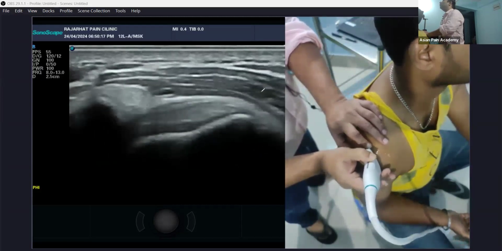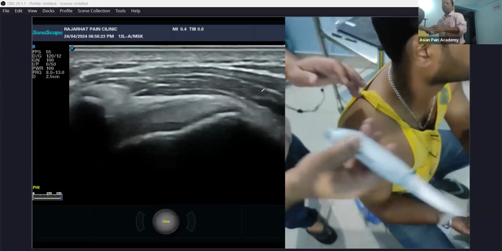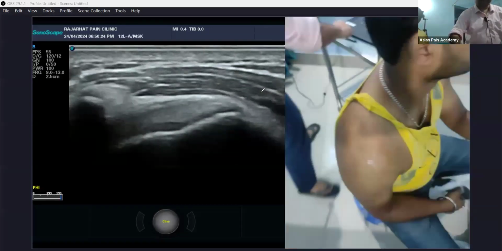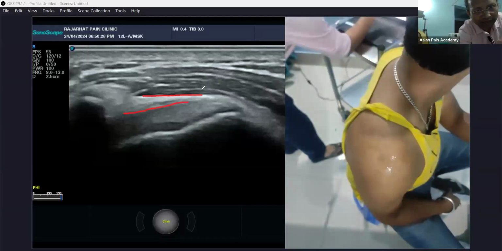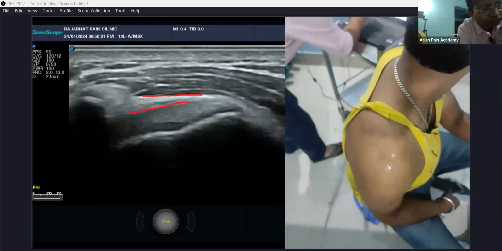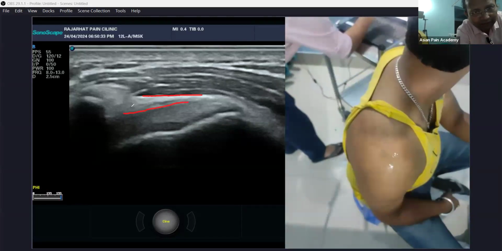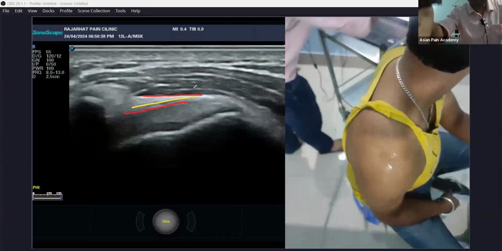This one is a bit better seen. This whole part is white line, but in between them you can see this is a black line. So only this part of the bursa is seen.